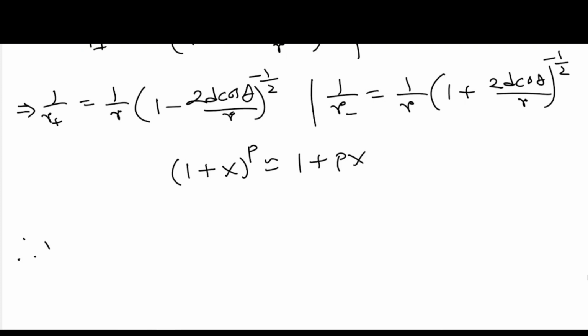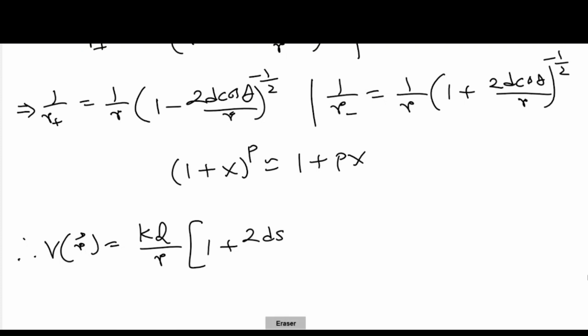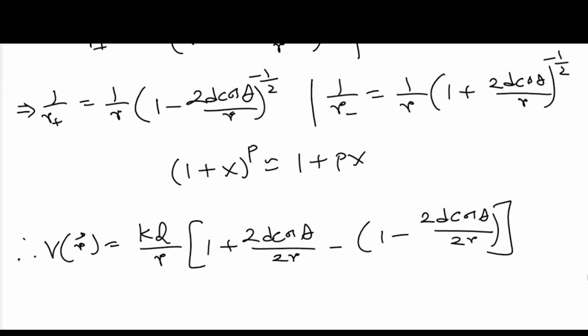Therefore, V at r would be kq upon r times 1 plus 2d cos theta upon 2r minus 1 minus 2d cos theta upon 2r.